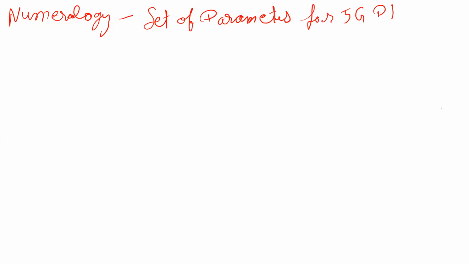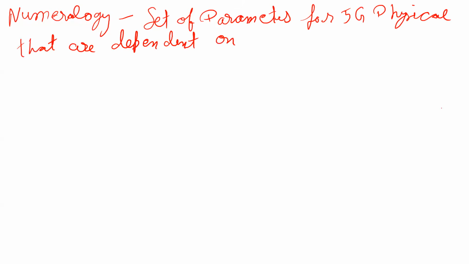So numerology is basically a set of parameters for the 5G physical layer that are dependent on subcarrier spacing.